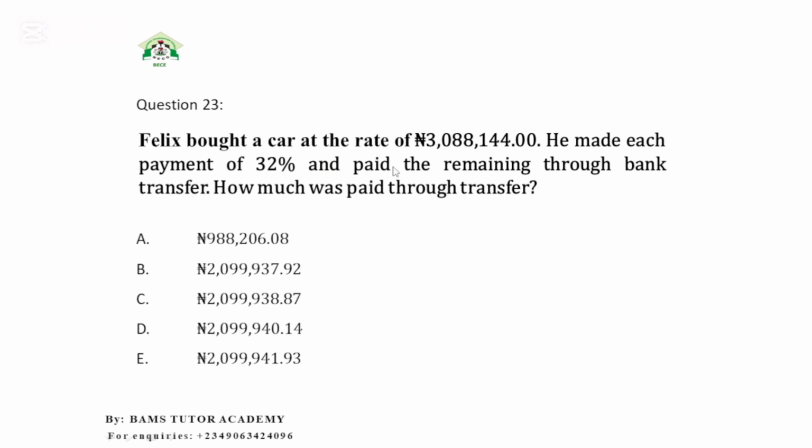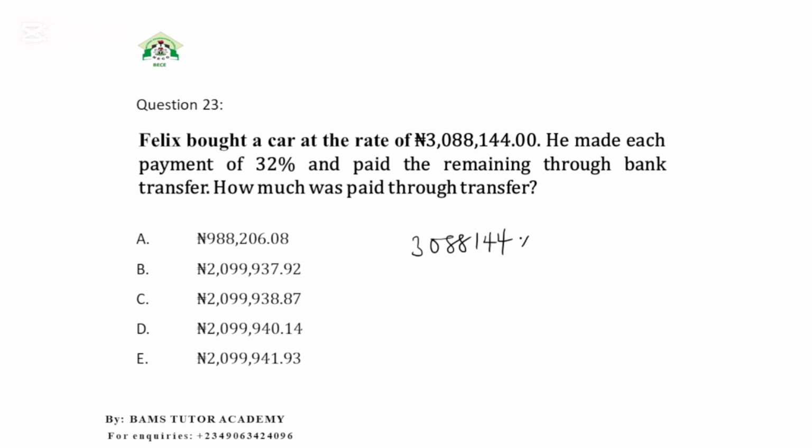Felix bought a car at the rate of 3,088,144. He made a payment of 32% and paid the remaining through bank transfer. How much was paid through transfer? Okay, 32%. So we want to get 32% of this amount. 3,088,144.